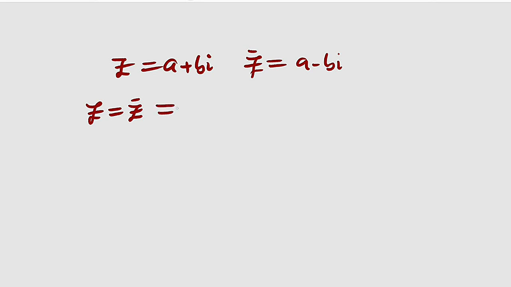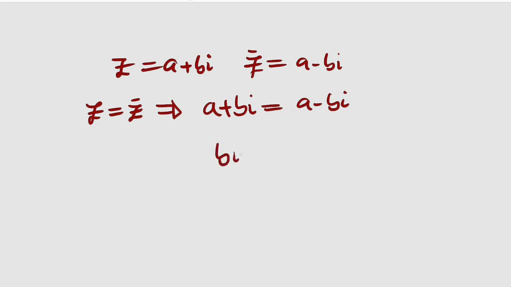Suppose I have z equal to a plus bi. The conjugate will be equal to a minus bi. So what does this mean? It means if we equate z and its conjugate, which is the same thing as saying a plus bi equal to a minus bi, the a's will cancel, right?